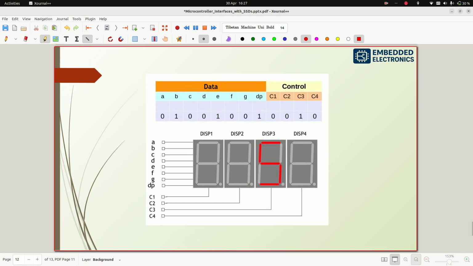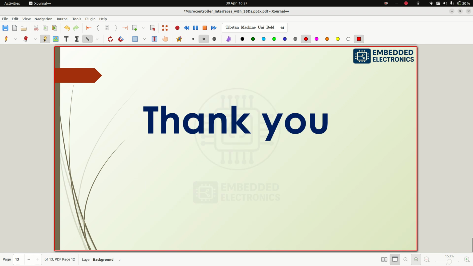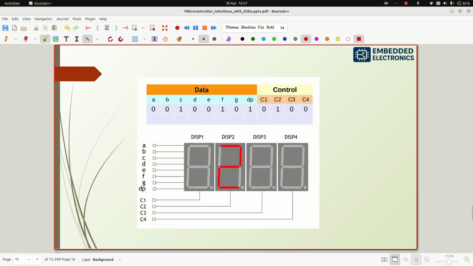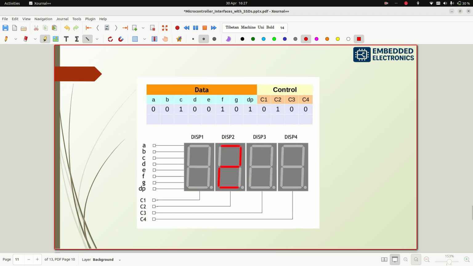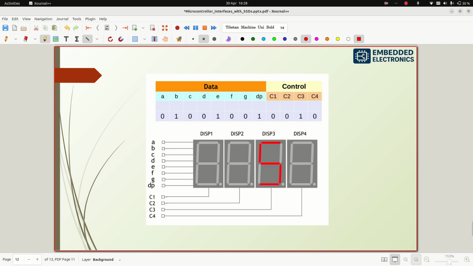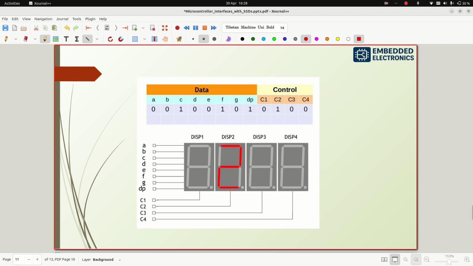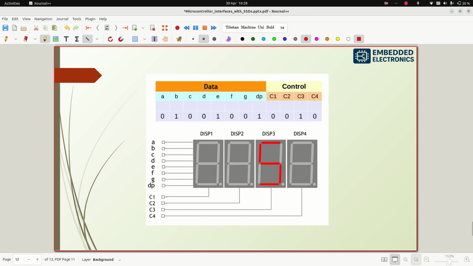So we need to increase the frequency. Here we have delay, we need to increase frequency, then it will show together. Otherwise what will happen, first 2 will on, it takes some delay, then 5 will on. So we need to increase the frequency.